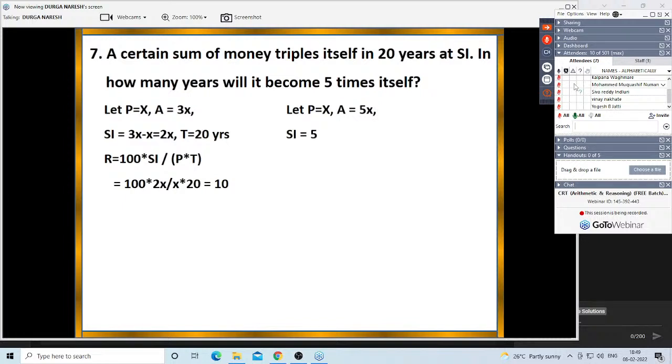Here you have to find the number of years. Clear?